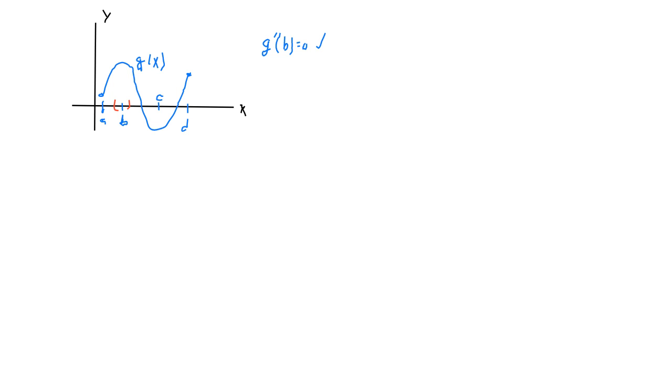But at x equals C, we know that g prime of C equals 0.